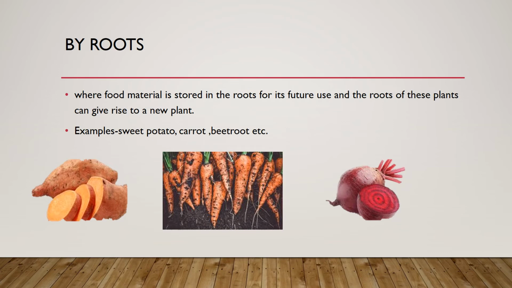Now we will understand how plants reproduce by roots. Food material is stored in the roots for future use, and the roots of these plants can give rise to a new plant. Already in the previous chapter we have learned that some roots store food for the future use of the plant.